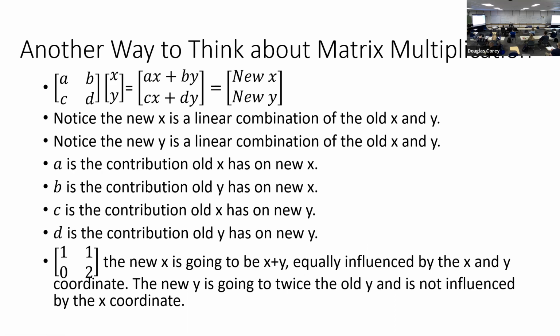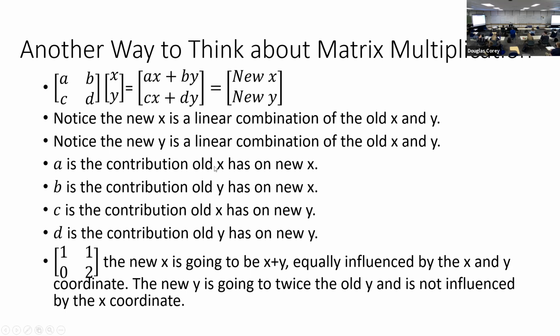So I was already kind of using this language. There's another way to think about matrix multiplication. Kevin likes to think about it this way. I have a, b, c, d. I multiply it by a coordinate x, y, and I'll get a new x and a new y. Well, a, b, c, and d have nice interpretations.